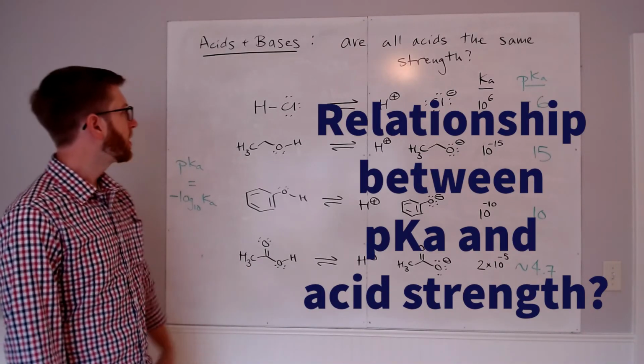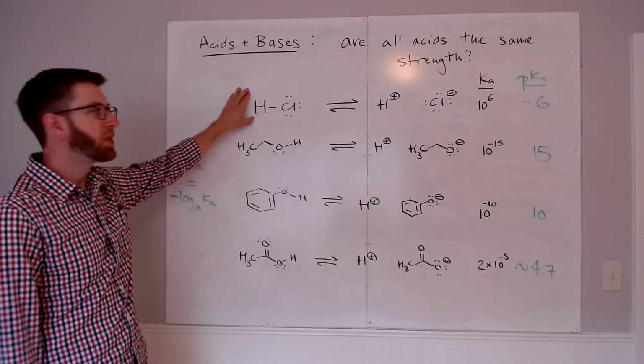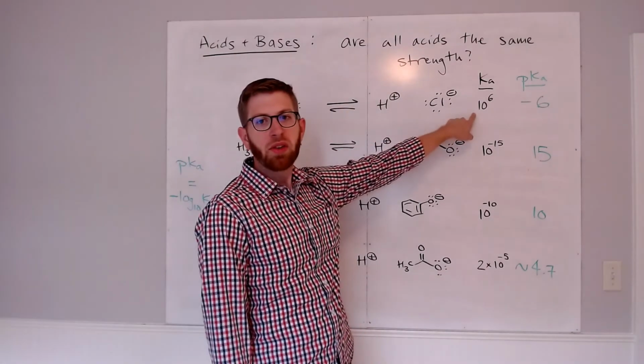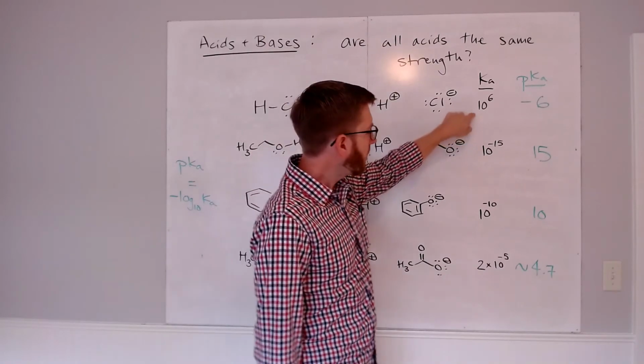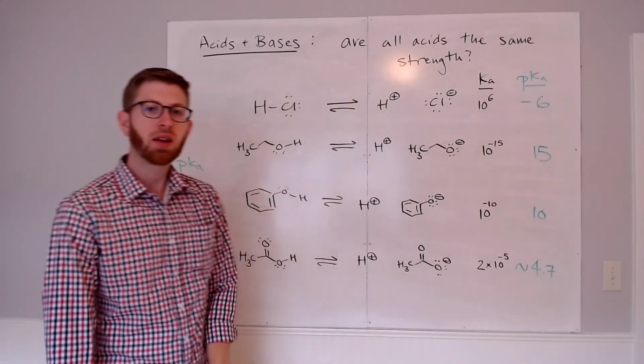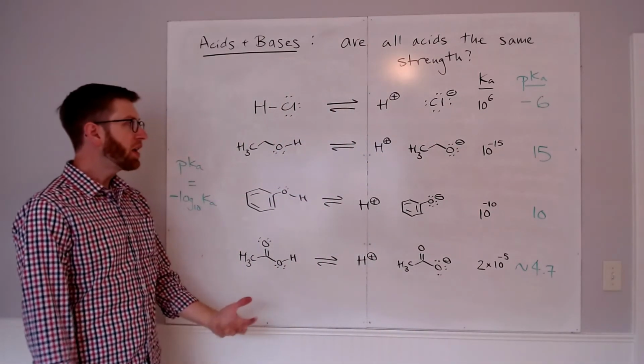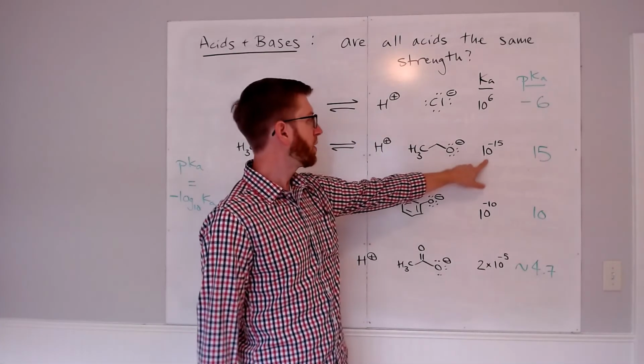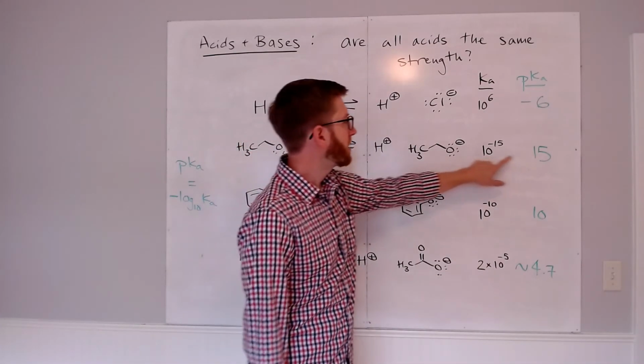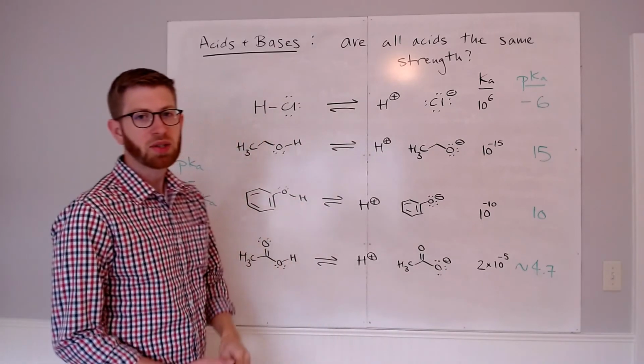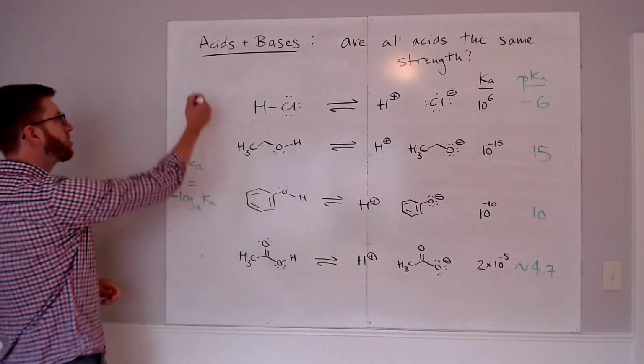So we notice that our strongest acid, HCl, by which I mean having the largest Ka value, also has by far the lowest pKa value. And our weakest acid, or the compound with the smallest Ka, has the largest pKa. So maybe annoyingly, our relationship's a little bit different.